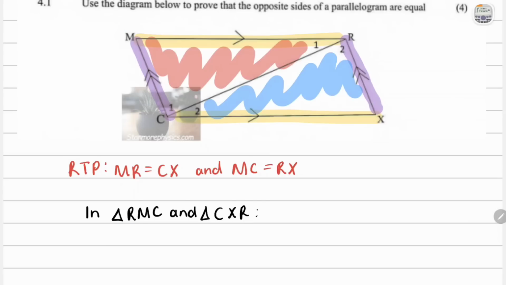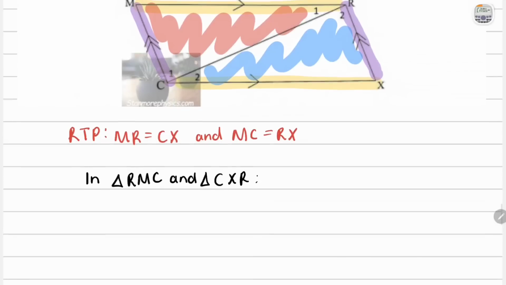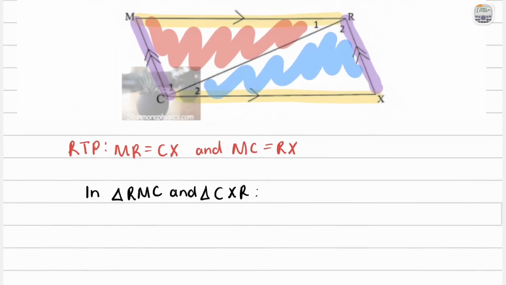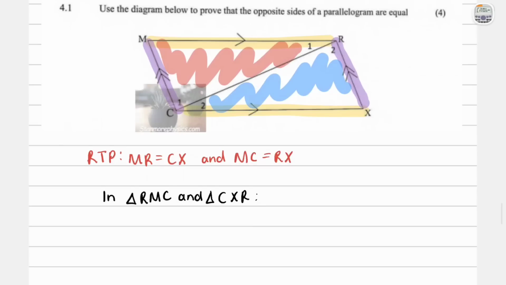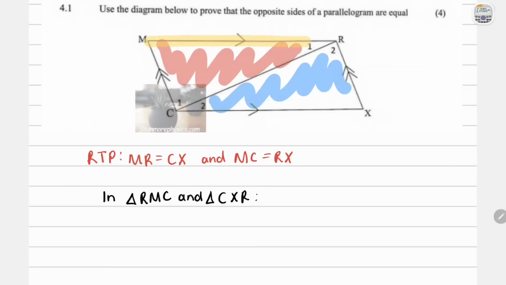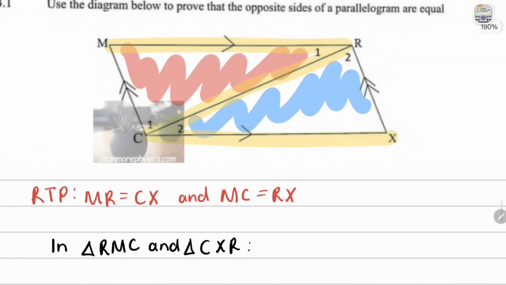Okay, so let's find out the things that are equal in these triangles. We need three things to be equal, or we need to have one of the cases of congruency. Let's stick with using the F-U-N angles in these triangles. If you draw alternate angles here, which is really what we're going to use throughout, because of the Z it creates, you can see that angle R1 is going to be equal to angle C2.